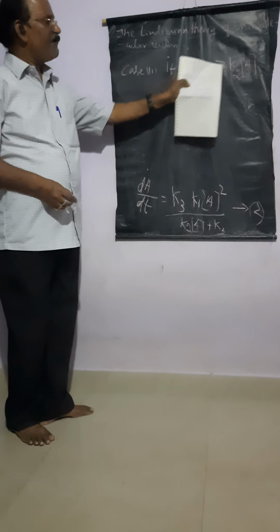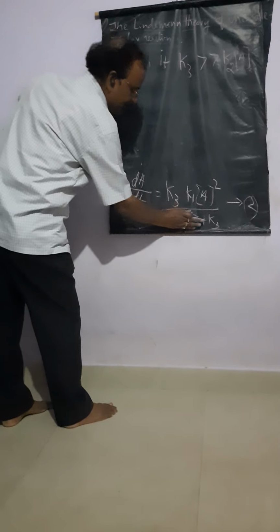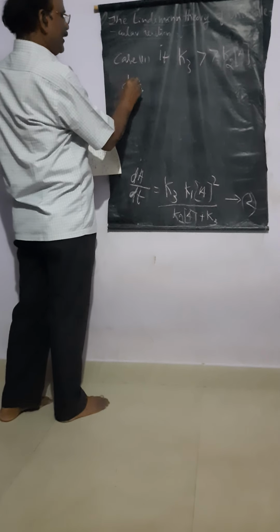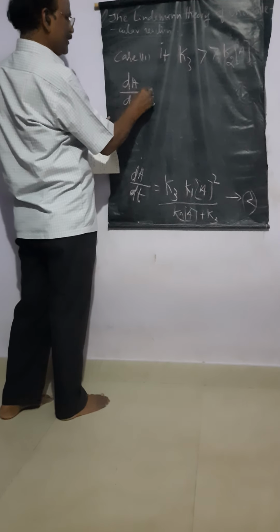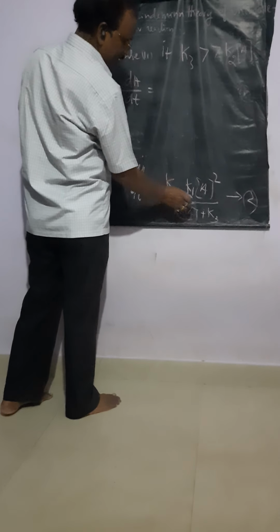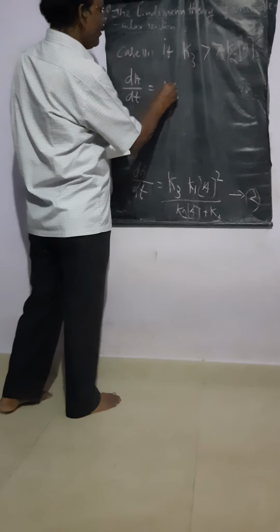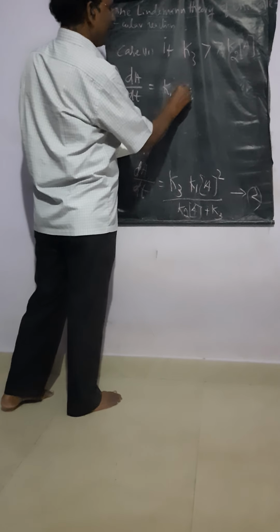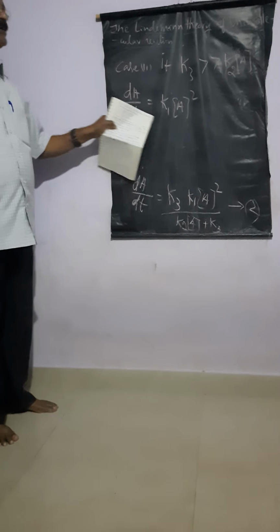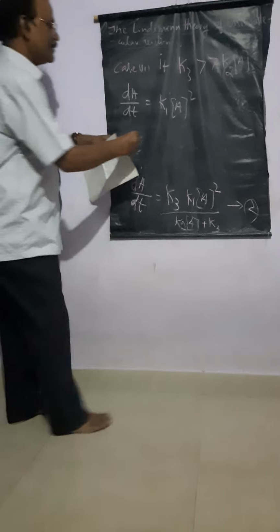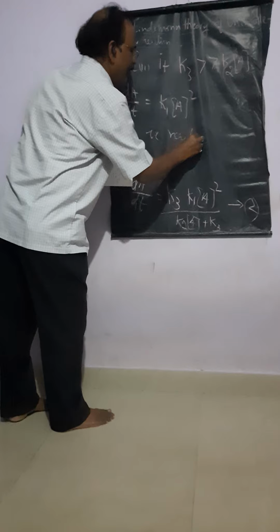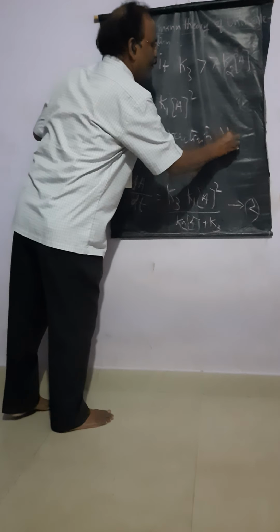K3 is very greater than K2A, so you can neglect this K2A. Then the expression dA/dt is equal to K1, K2A is neglected, K3 cancelled, K1 into A square. By seeing this expression, you can say it is a second order reaction.